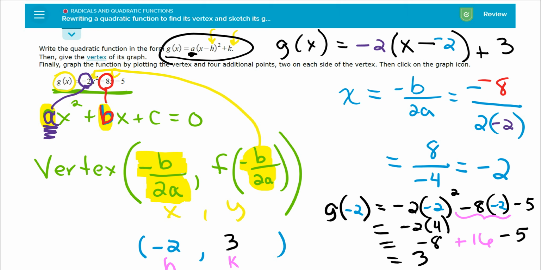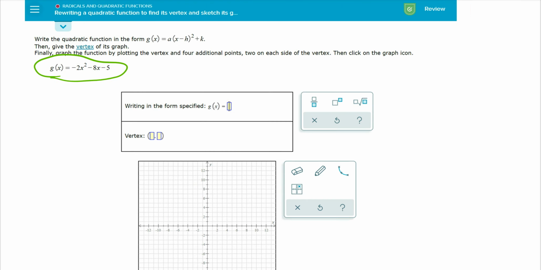And the only thing I can do to make this more simplified is this minus of a negative 2 becomes a plus 2. So let me go back to the other page here. All right. My vertex right here is going to be negative 2, 3. And then right in here, I'm going to type in negative 2 times (x plus 2) squared plus 3. That's the easiest way to do that part.